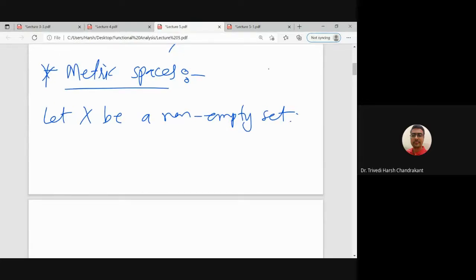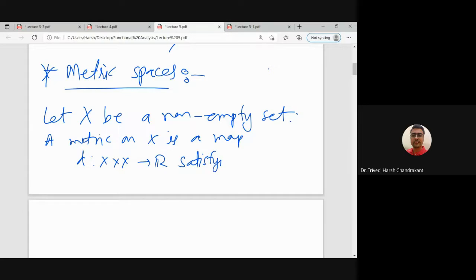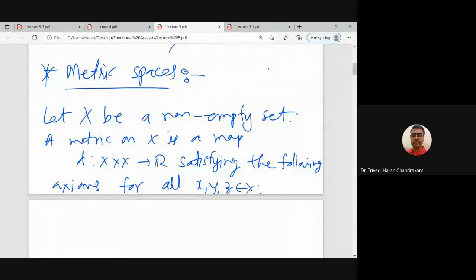A metric on X is a map d from X cross X to R satisfying the following axioms for all x, y, z in X.